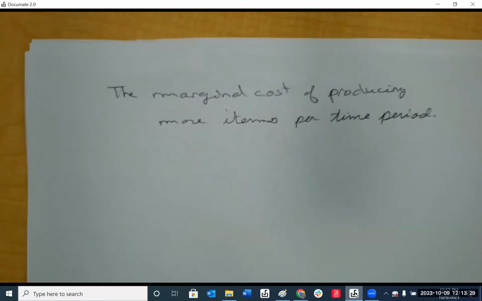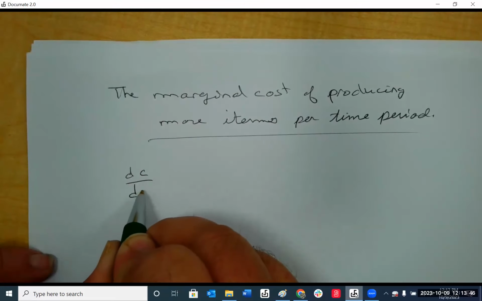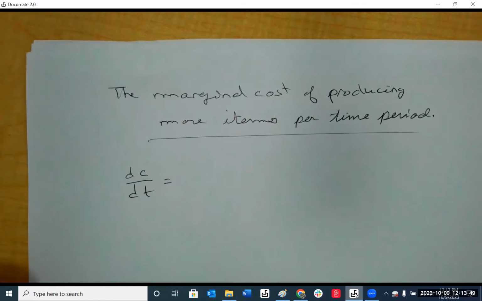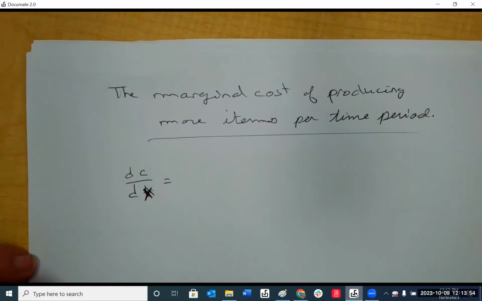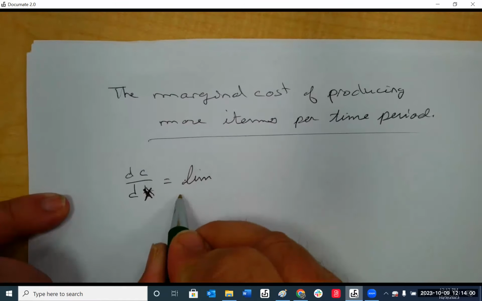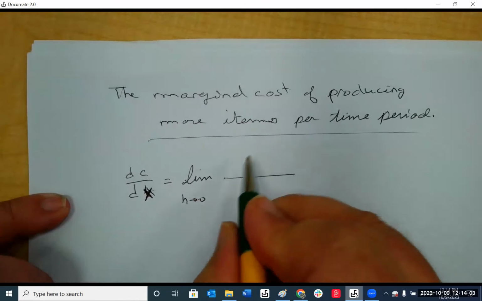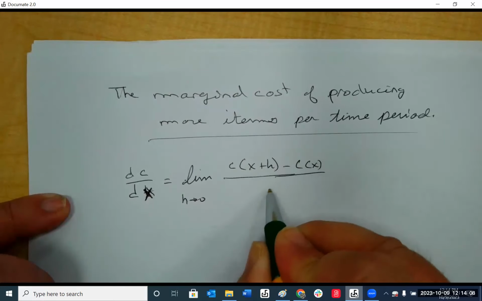In other words, if you're an ice cream shop, you want to increase the production per day, or if you're a car manufacturer, per month or per week. So the marginal cost of those items is the derivative of C with respect to x, the number of items. Since it's the derivative, it's the limit as h goes to 0 of C of x plus h minus C of x all over h.